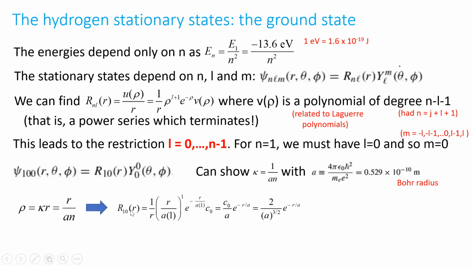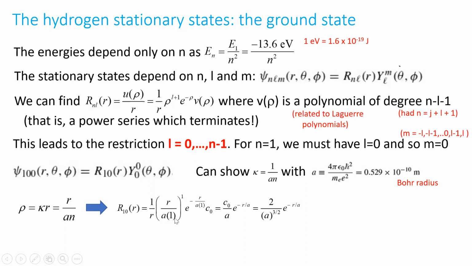So that means R 1 0 would be, using this equation here, 1 over r times r rho to the L plus 1. But here n is 1. So this is a times 1. And L is 0. So L plus 1 is 1.